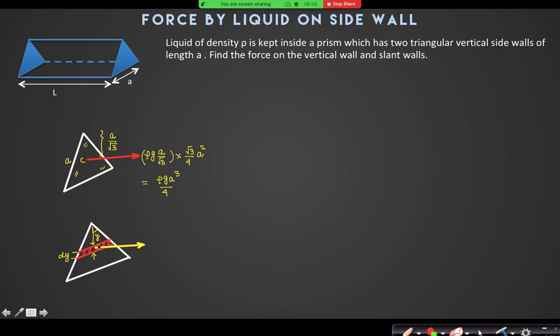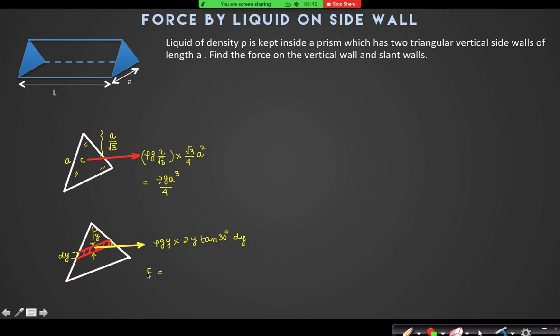This base, yes, the total base is 2y tan 30 degrees. So the pressure will be rho g y and the area will be 2 into y tan 30 degrees into dy. Yes or no? Is it the dF force?